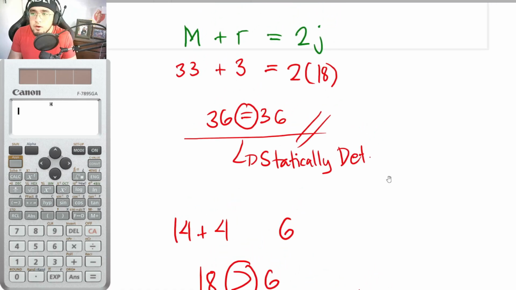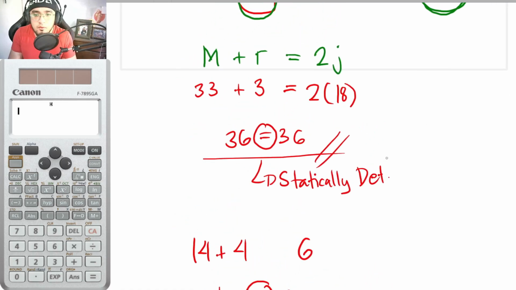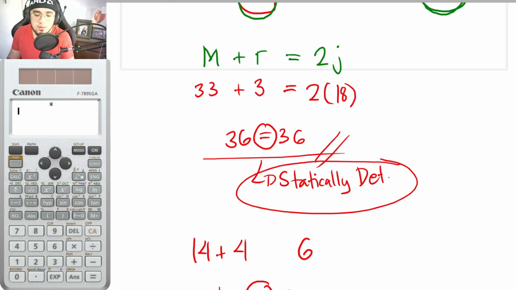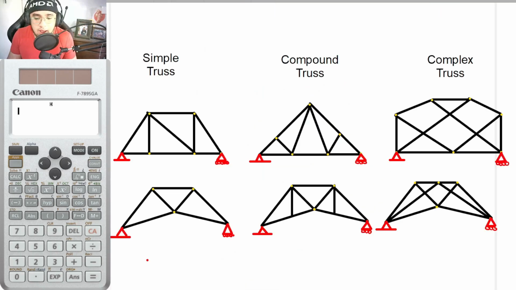Okay, but for today's video, we would be focusing on statically determinate trusses. Once again, when we say statically determinate trusses, we can make use of the equations of equilibrium in solving for our truss members. So these are the different types of statically determinate trusses.